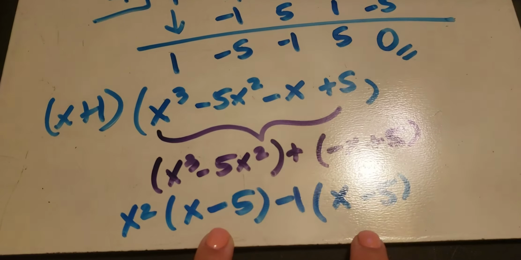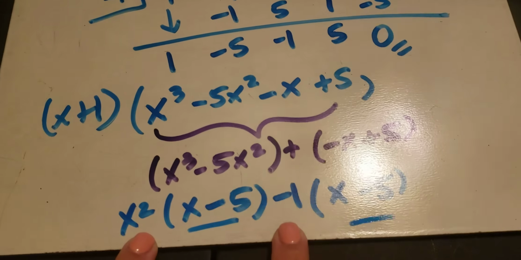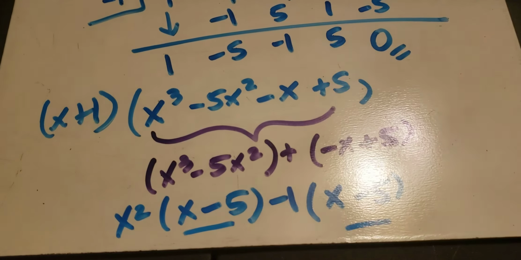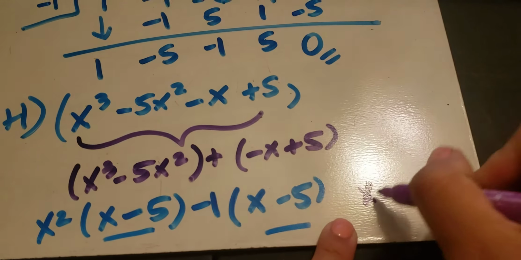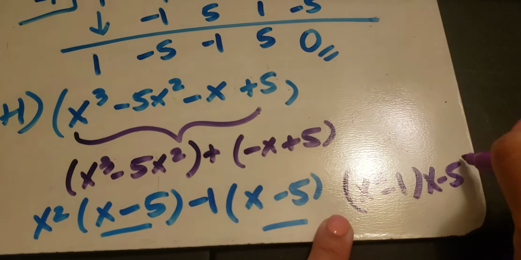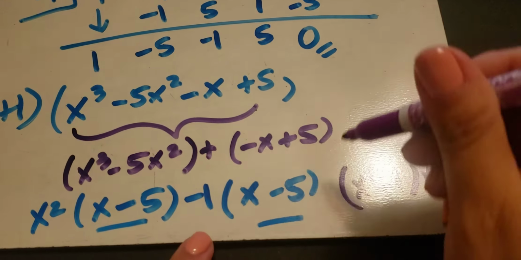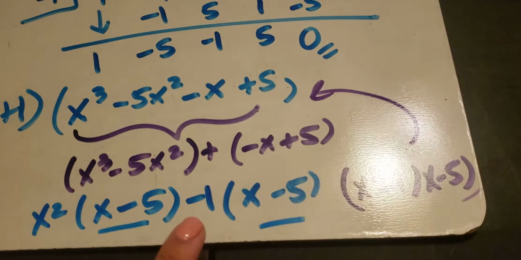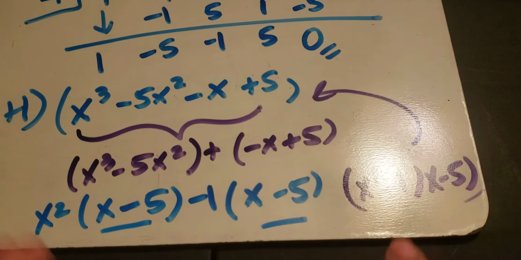So now they're the same, see? And so remember, when they're the same, we group the greatest common factors. So I'm running out of room there, so I'm just going to write it to the side. So now we should have x squared minus 1 and x minus 5. So those are our factors of that, okay? That's our factor. So our solution should be x squared minus 1 times x minus 5.